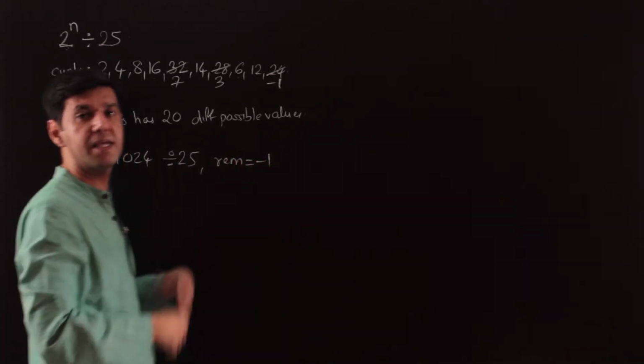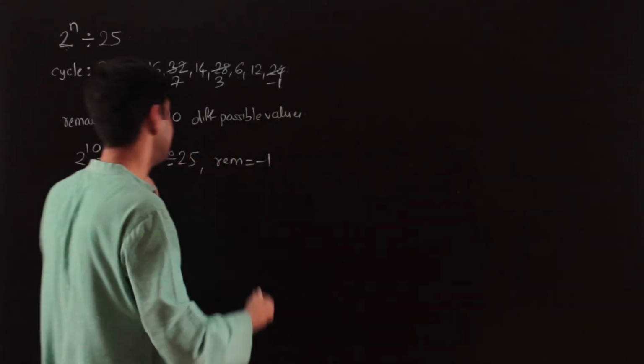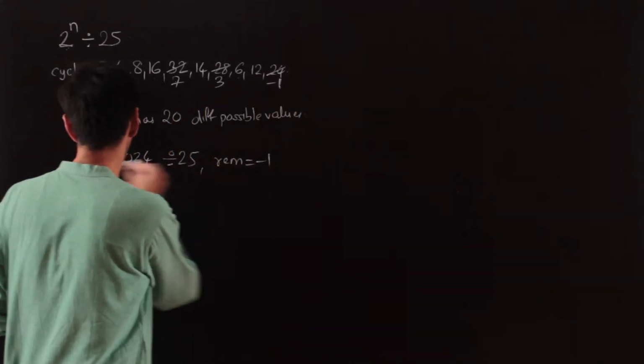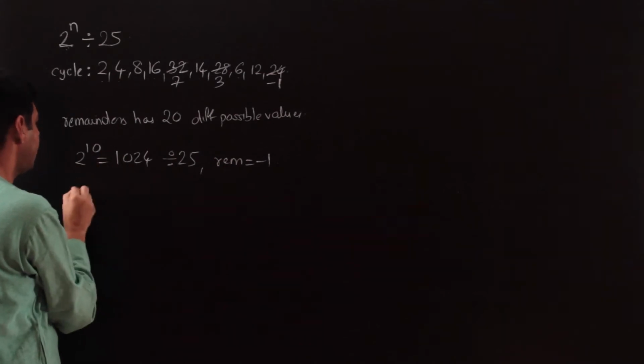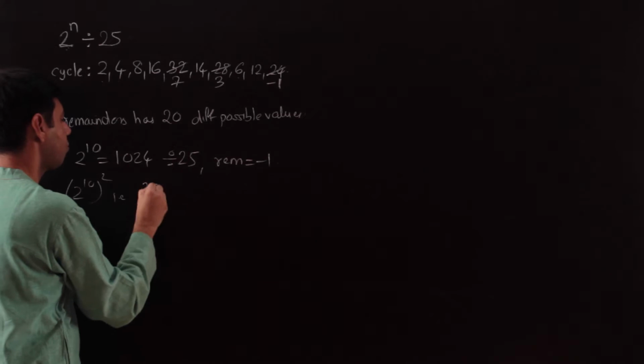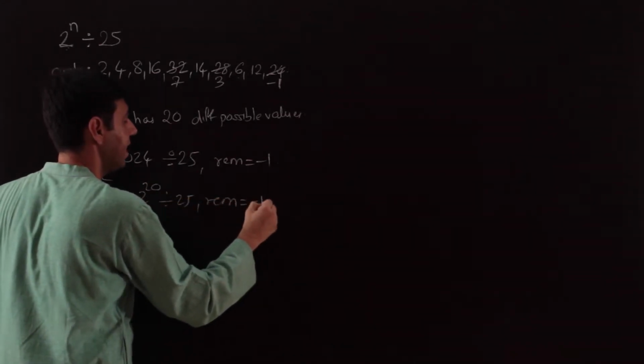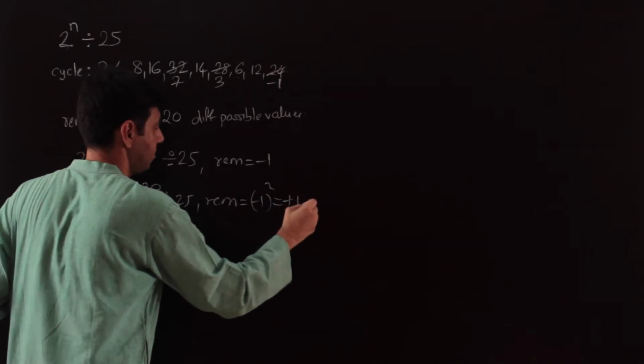Why? Because 1025 is a multiple, and just one less than that, remainder is minus 1. And the moment you get this, just square it up. 2 raised to 10 squared, that is 2 raised to 20 divided by 25, the remainder will be minus 1 squared, that is a plus 1.